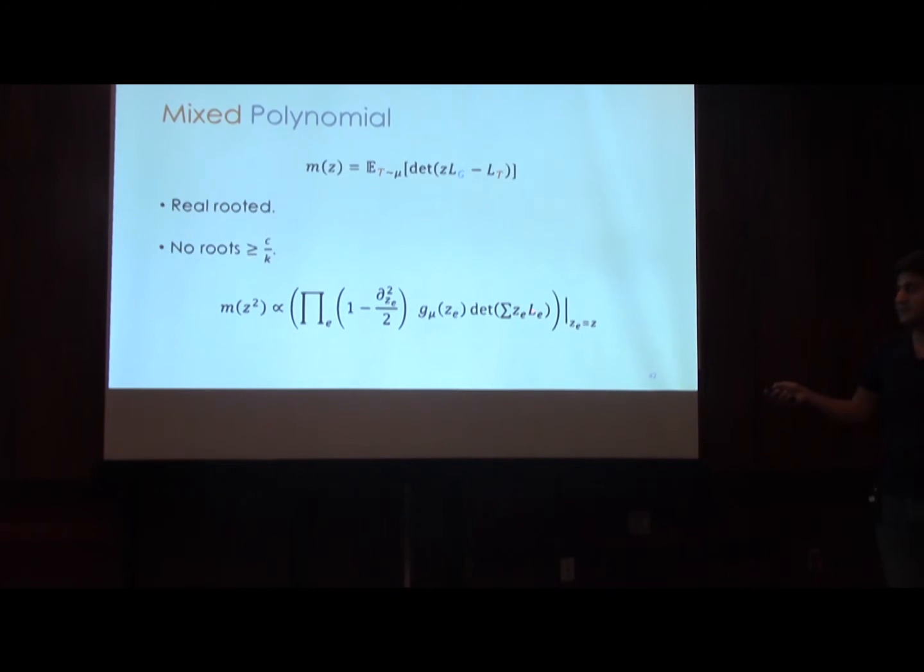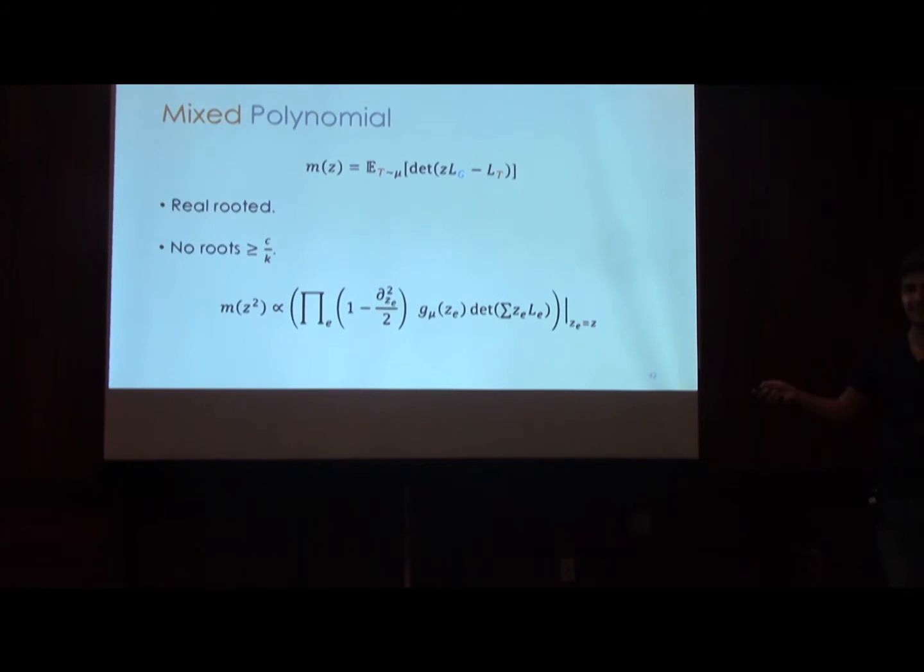This is the determinant of the sum of the z ELEs. You can also look at this determinant as a generating polynomial of spanning tree distributions, but this spanning tree distribution is not the same as this spanning tree distribution.